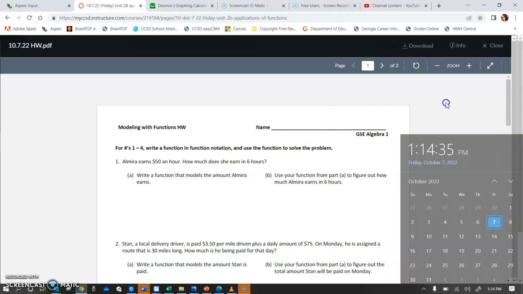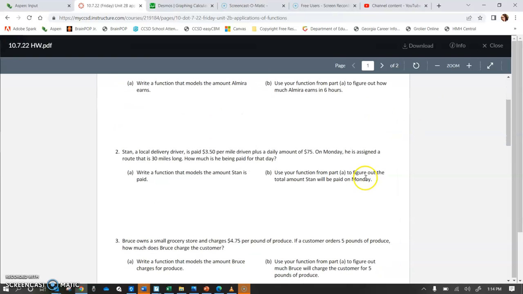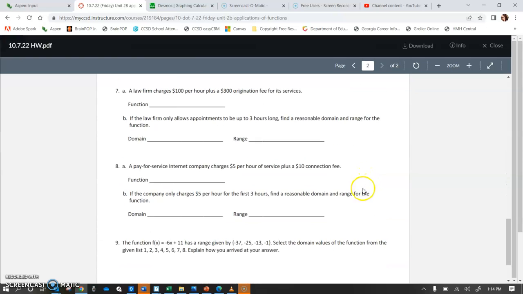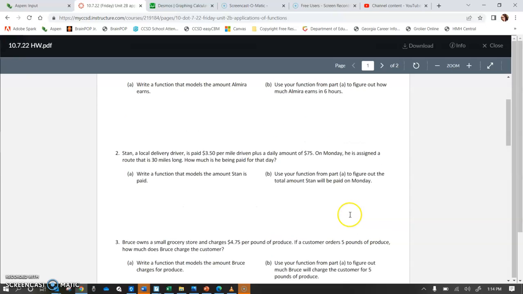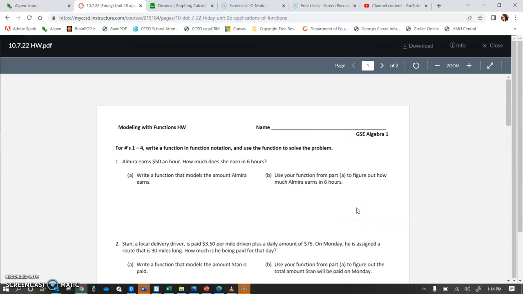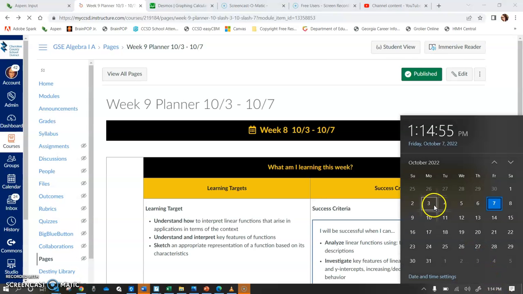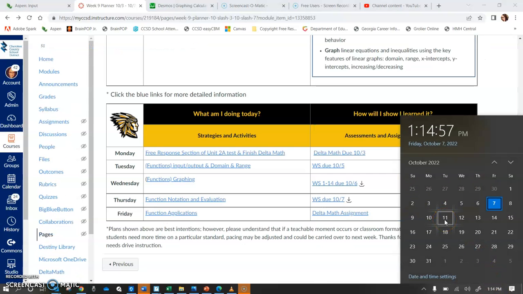Okay. So this was the classwork. It finally pulled up. It's just 9 questions, kind of like what we had on the notes. You have to find some functions. You have to plug in some numbers. And then for the Delta Math, again, it's not due until 3:45 on Tuesday, the 11th.